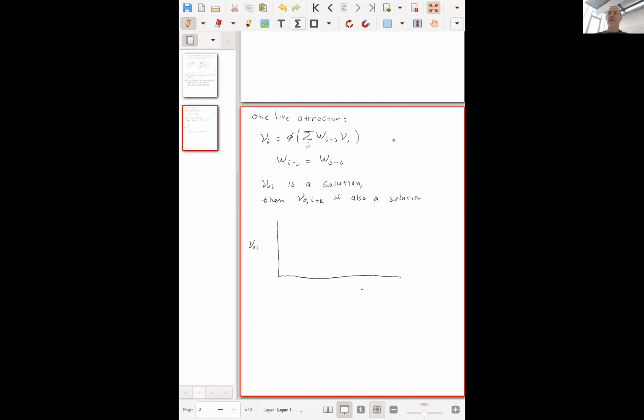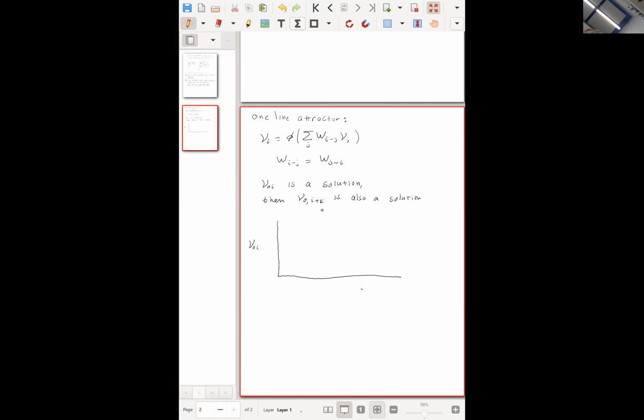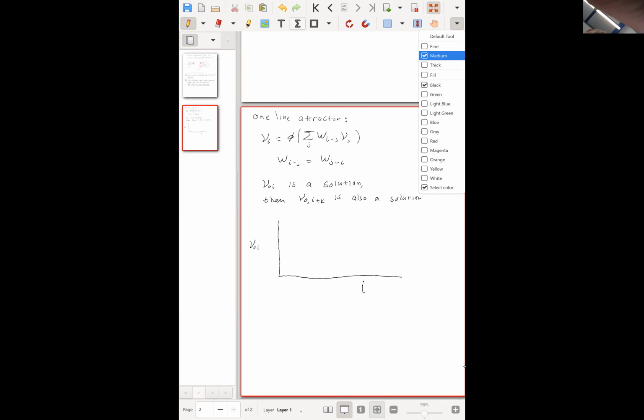So the picture we have, remember, something like this. So this is index i on this axis. And you get sort of some hill of activity.